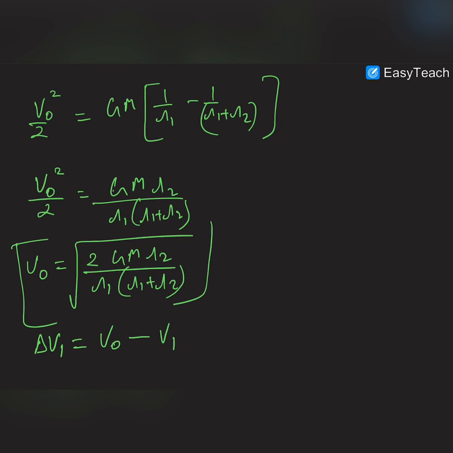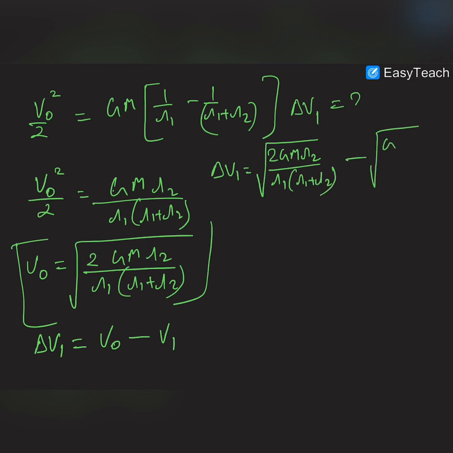So delta v1 is equal to under root of 2 r2 by r1 into r1 plus r2, minus under root of gm by r1.